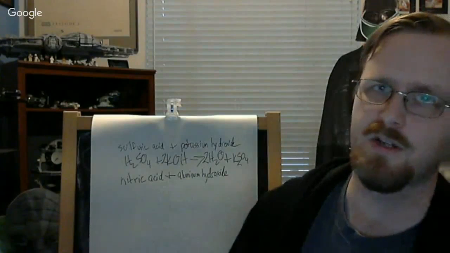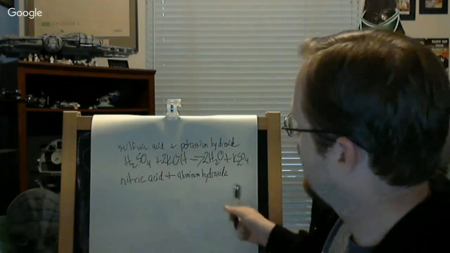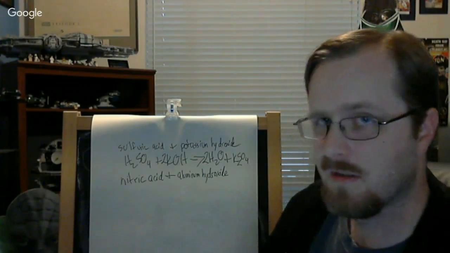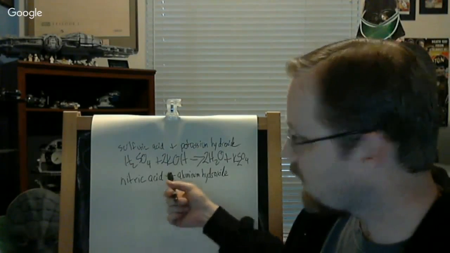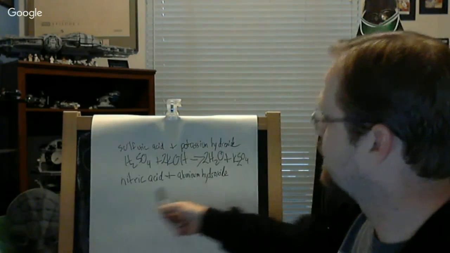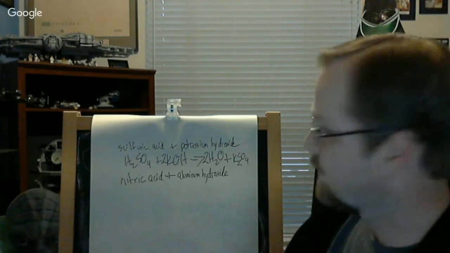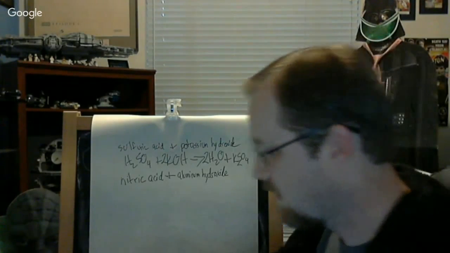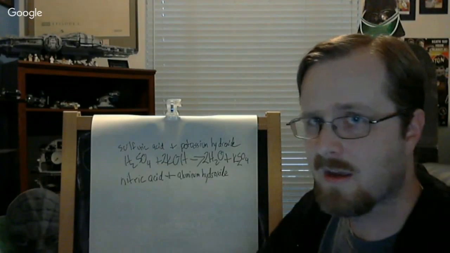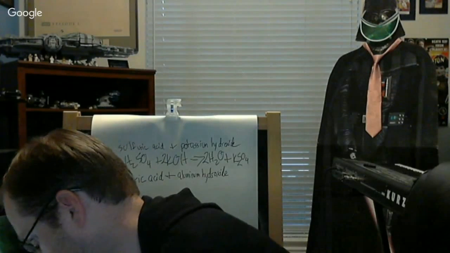Okay, so nitric acid and aluminum hydroxide. Let's go ahead and try and write that out using the naming rules that we've gone through. Write out the formulas of those two, and then predict the products. All right. So I will start writing out my answer here. I'll try to cover it up as much as I can, and then we will go from there. All right. So you guys try that one out.